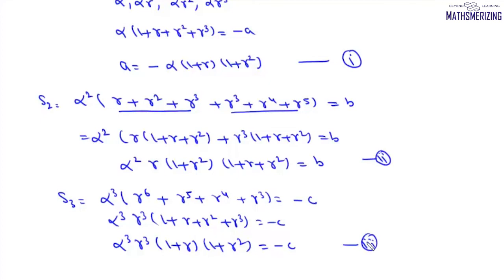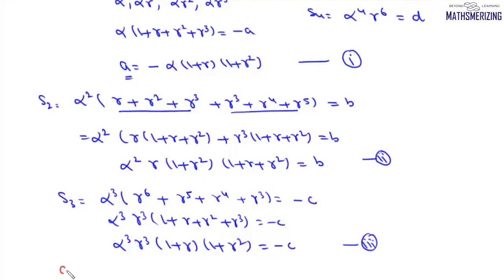And finally we'll write S4. S4 is the product of all the roots, which is alpha to the power 4 and r to the power 6, which is nothing but d. Now what we'll do is find a square into d.